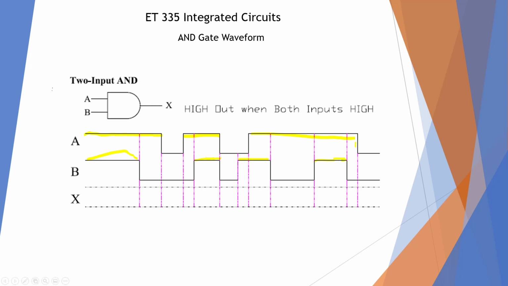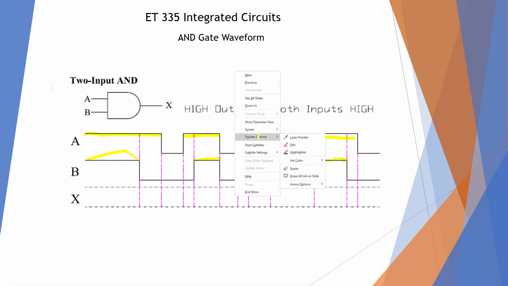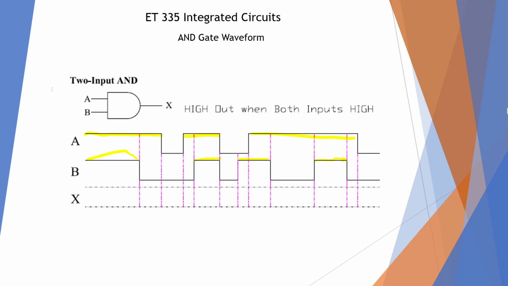Okay, now that I have both of them marked, we're going to change our pointer to a pen, and take a look. Anywhere that there's two highs, we're going to have a high out.